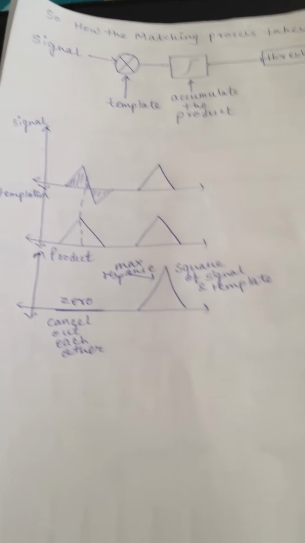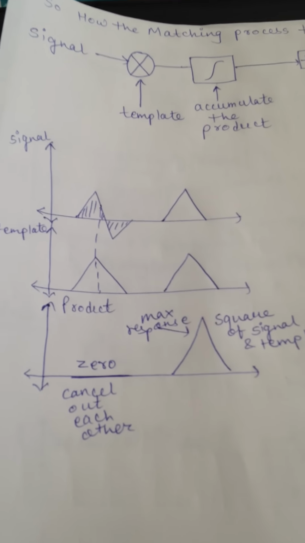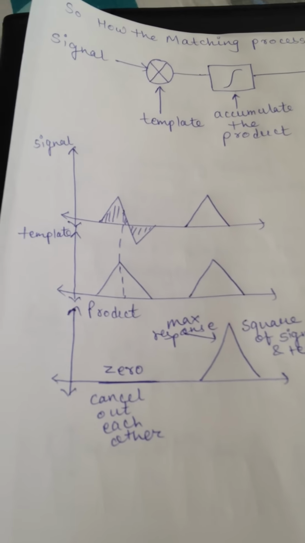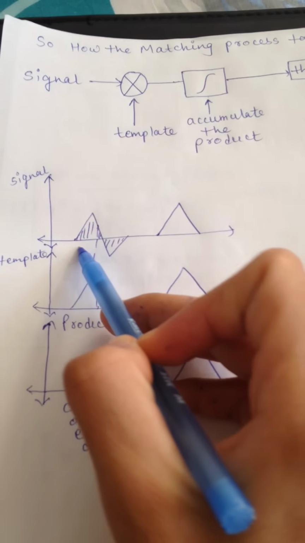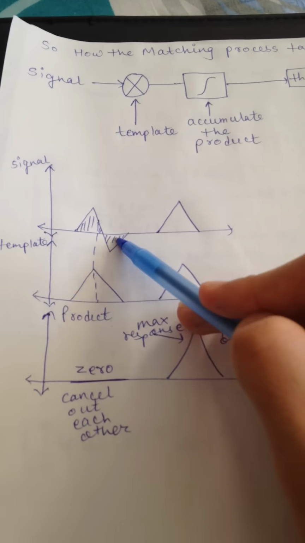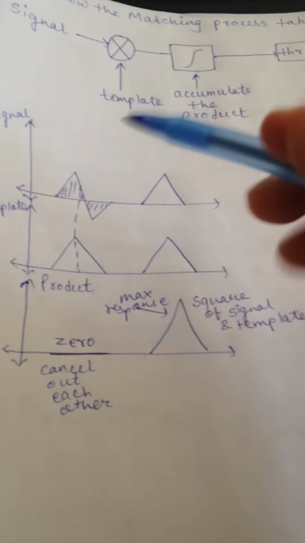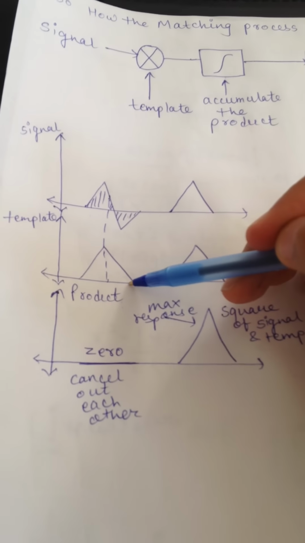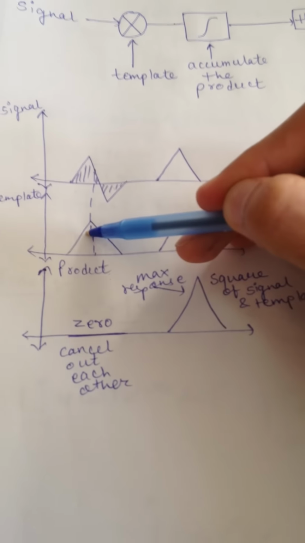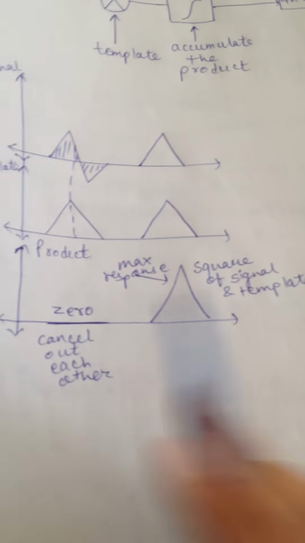and hence that will be the output of our response. Now let's take a signal and see how the matching process takes place in a matched filter. This is our original signal, and this is our template. When a template is passed over an original signal, in this part we'll get a 0, because when the slope of the template is negative and when the slope of the template is positive, both responses are added up, and hence we get a final response of 0.